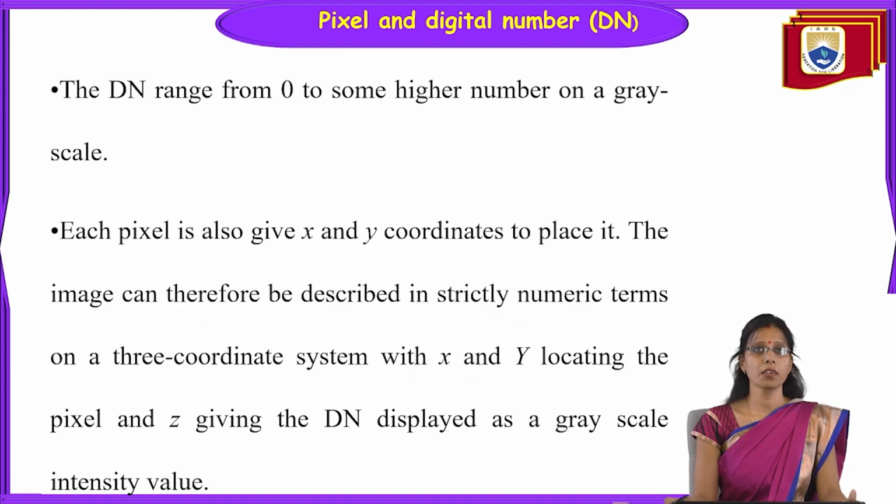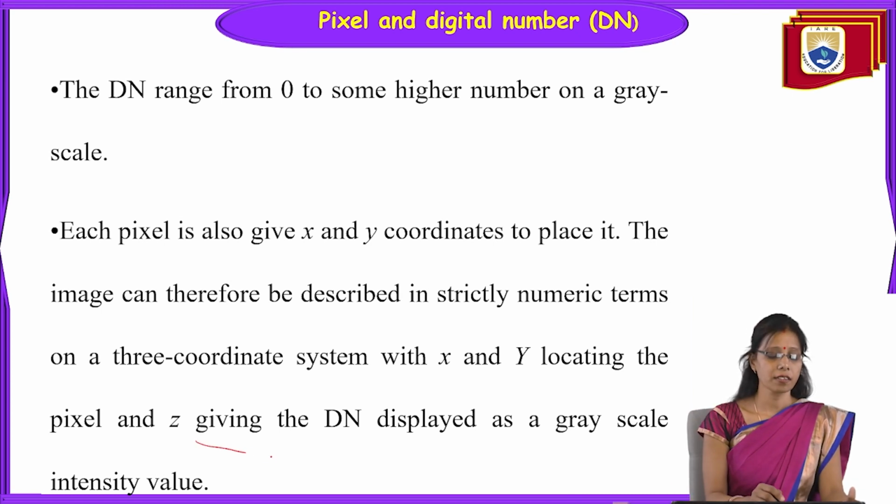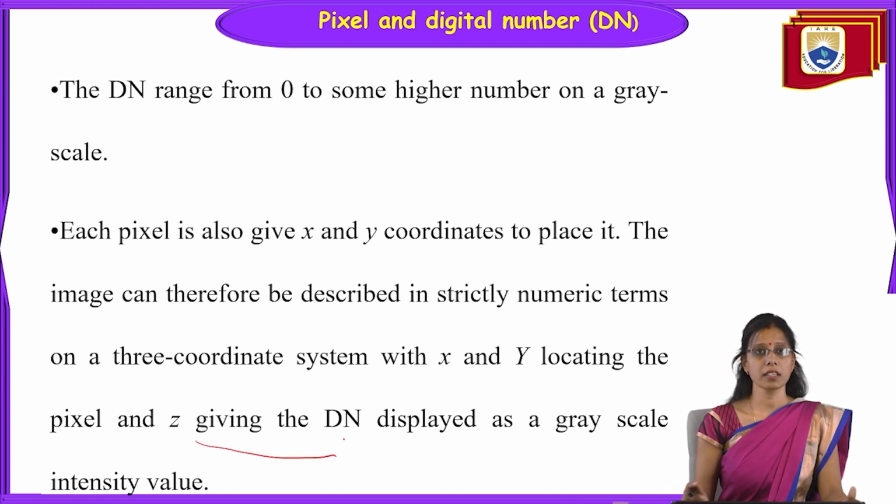The DN ranges from 0 to some higher number on a grayscale. Each pixel is also given x and y coordinates to place it. The image can therefore be described in strictly numeric terms or on a 3 coordinate system, with x and y locating the pixel and z giving the DN displayed as a grayscale intensity value.